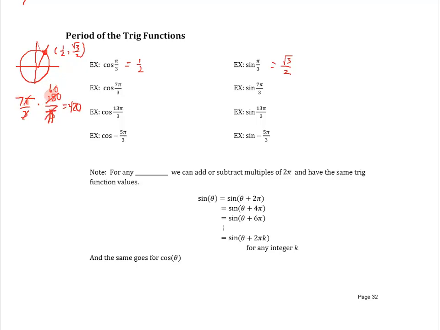Pi's divide out. 7 times 60 is 420. Another way to see it is 7 pi over 3 is the same thing as 2 pi plus pi over 3. It's one rotation all the way around once and then plus a pi over 3. Which means that you get the same point. So the answer is still 1/2.